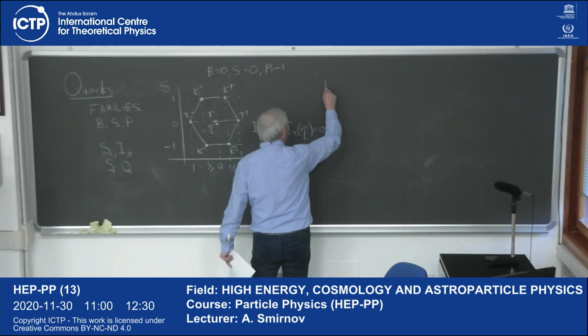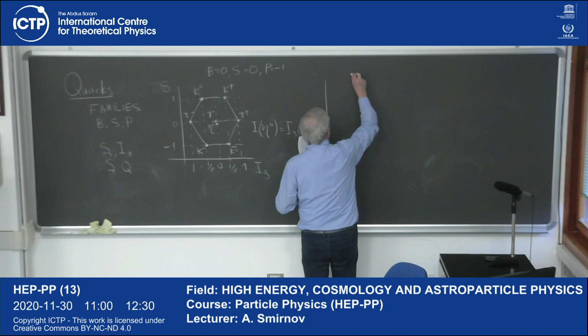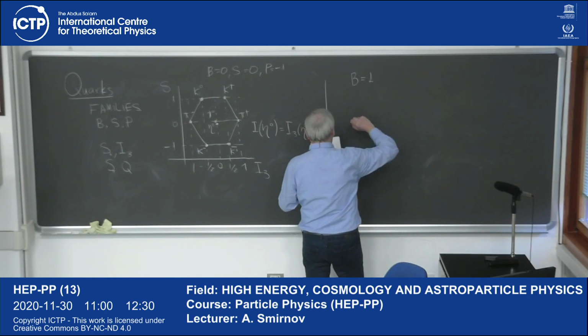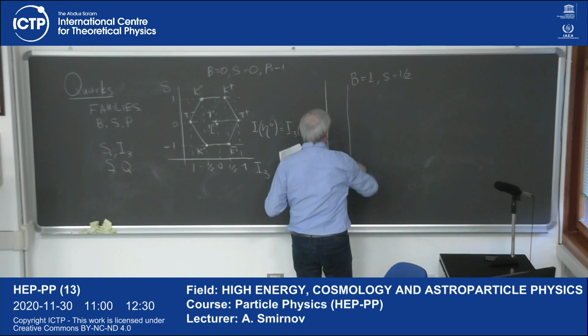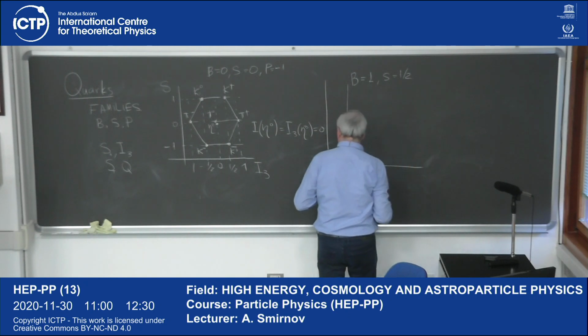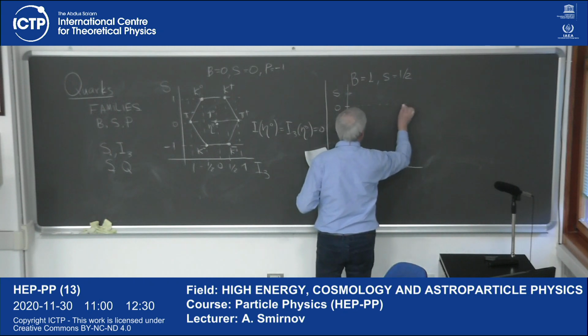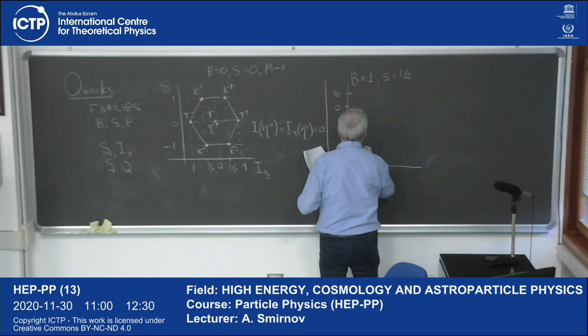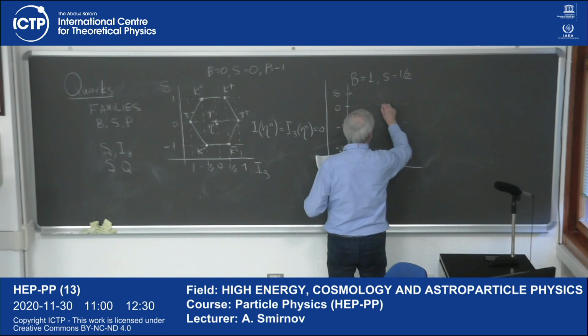Another family I want to describe is the family of baryons. And now this family is characterized by baryon number 1 and spin 1/2. It's quite similar. So now I have again strangeness here, and strangeness changes from 0, minus 1, minus 2, and now isospin is very similar.